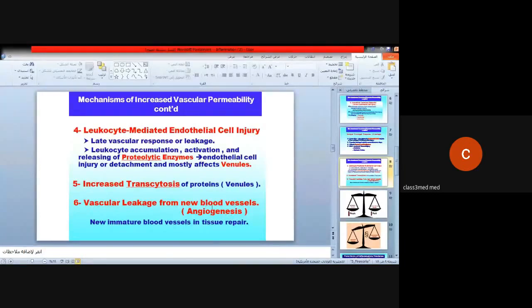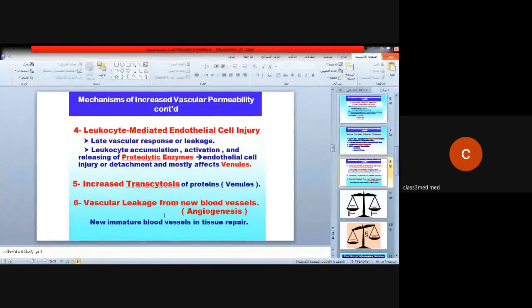These new blood vessels are immature. Their walls are weak, so they permit the leak of fluid from their wall until they become mature, and the vascular leak stops.